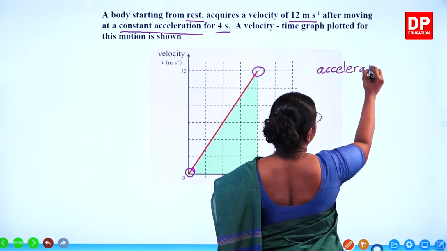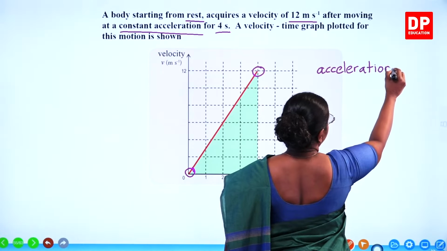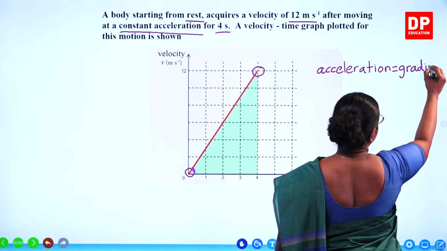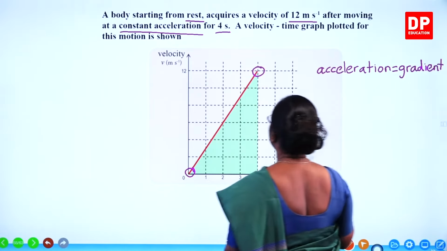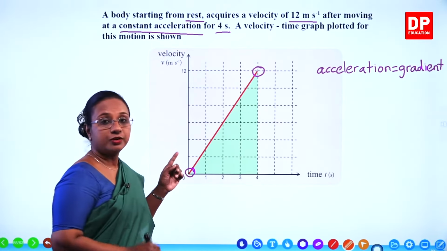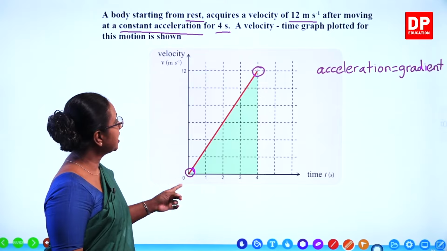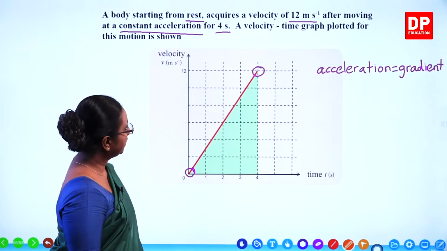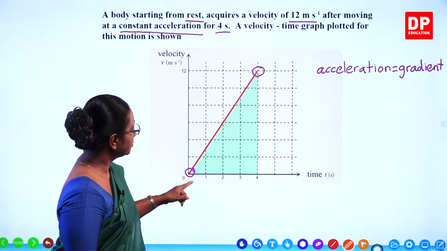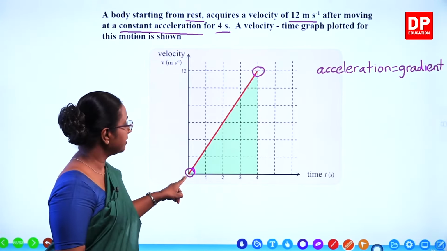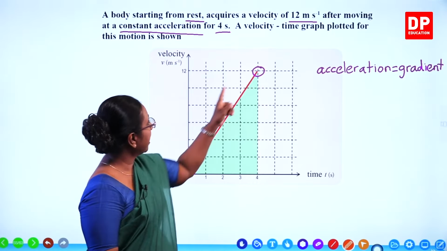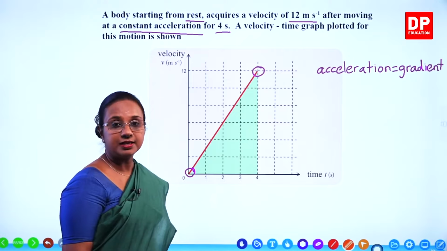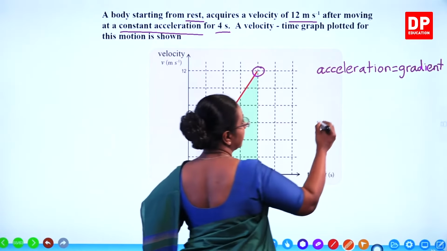Acceleration will be equal to the gradient of the graph. So by now you all know to calculate the gradient we take 2 points that are far apart. So here of course we can use this point and this point where we have 12 and 0, 4 and 0 as the y coordinates and the x coordinates.